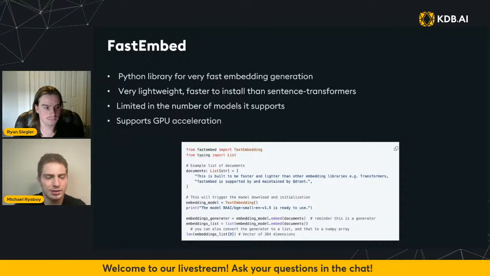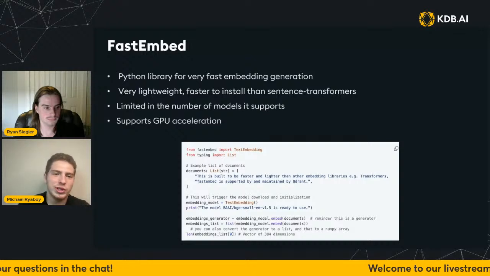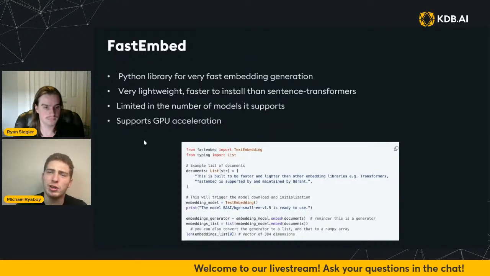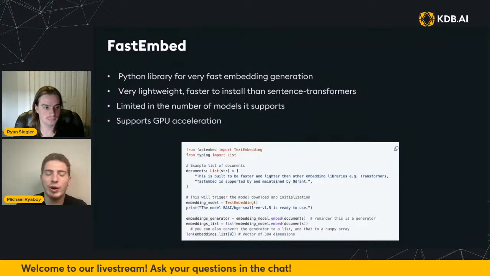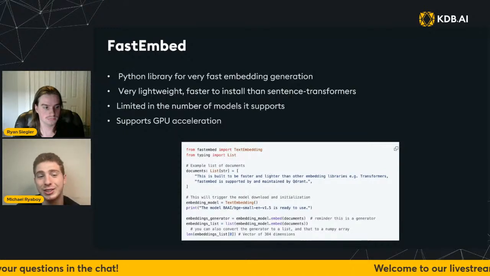It's like a millisecond on a GPU or less than 5 milliseconds on a CPU. We'll get to that in a minute, talking more about latencies, but it depends. Fast Embed is great for processing your data set, but if you're processing your query, there are other options that are even faster.